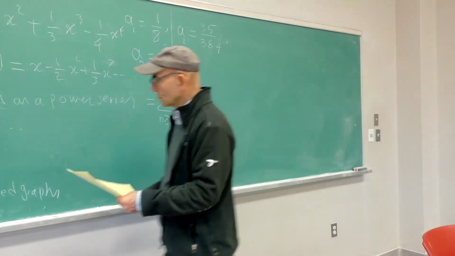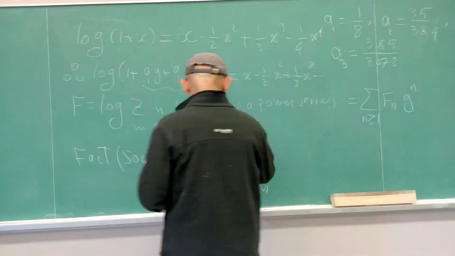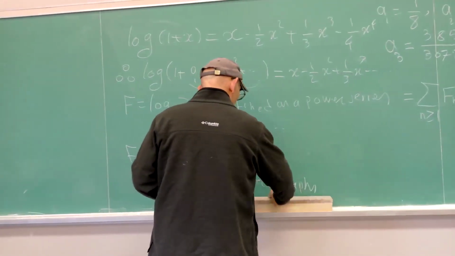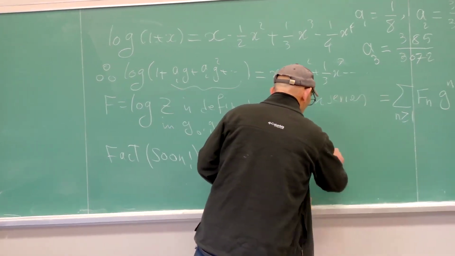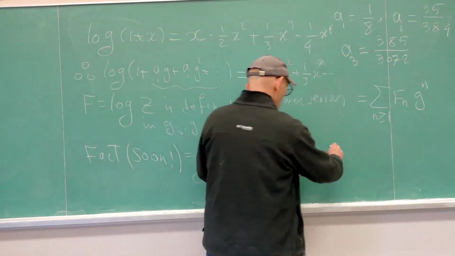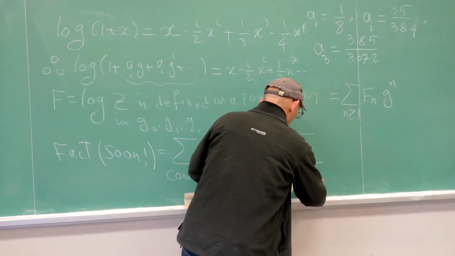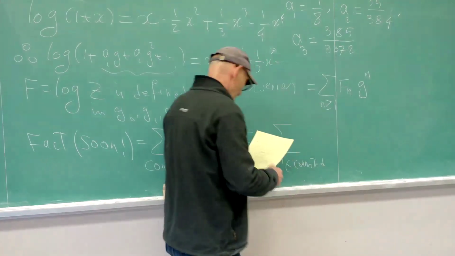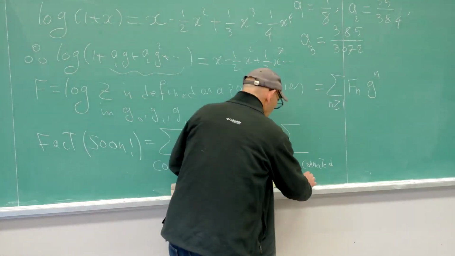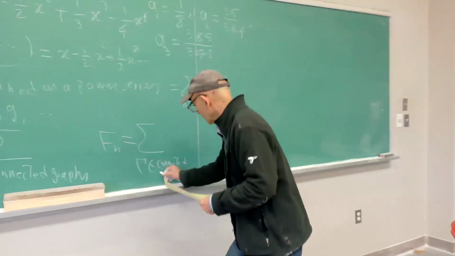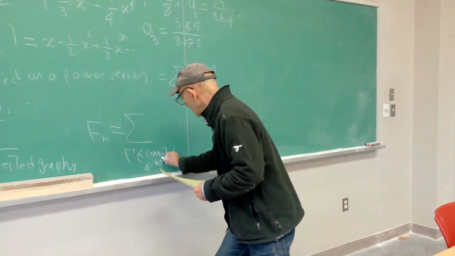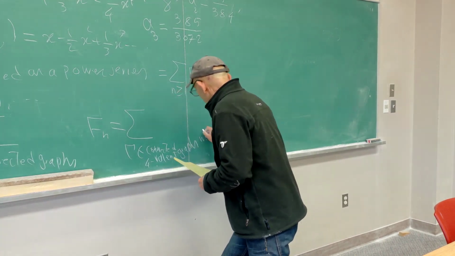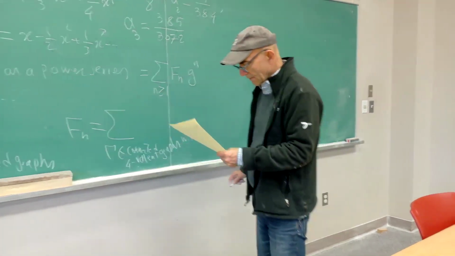And Fn is equal to sum over gamma belonging to connected four-valent graphs, connected, with n vertices.